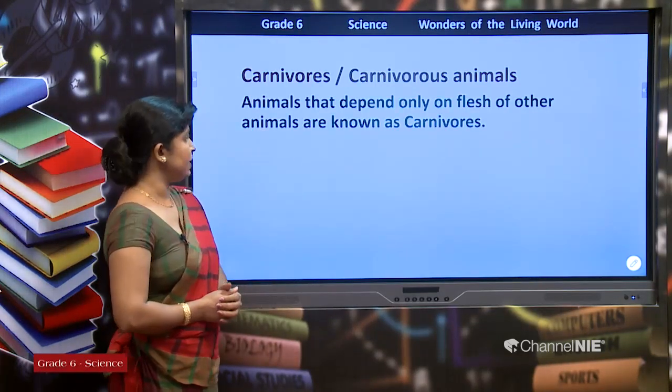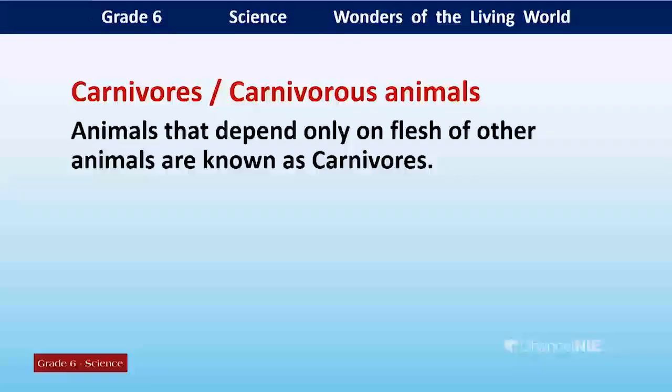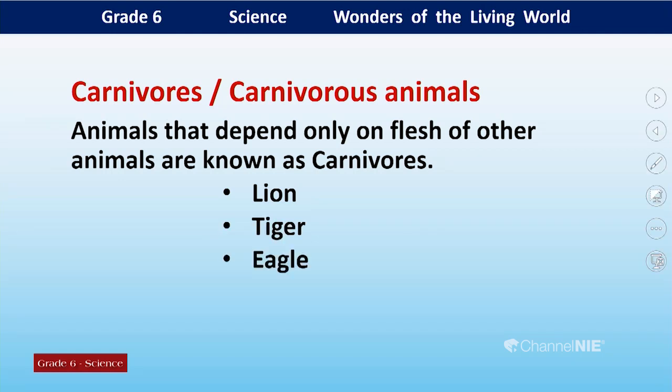Animals that depend only on flesh of other animals are known as carnivores or carnivorous animals. Let's take some examples for carnivores or carnivorous animals: lion, tiger, eagle. Those are the examples for carnivorous animals.